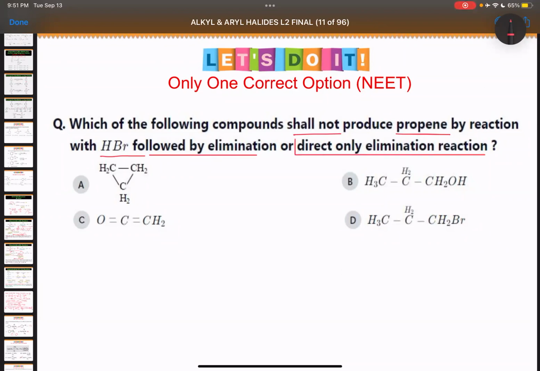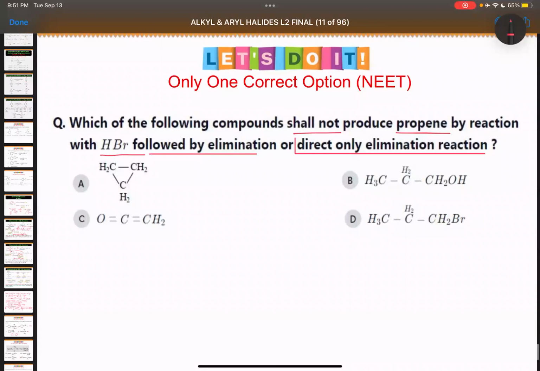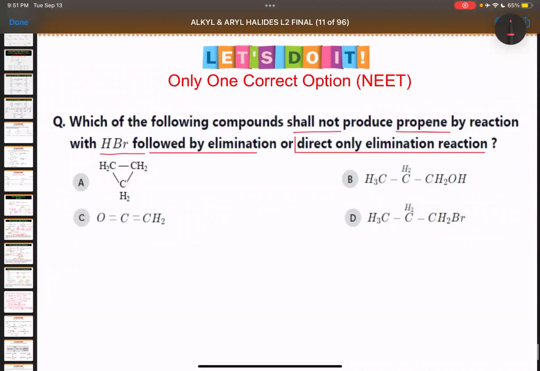By either route, which one will not give you propene? Understood the question?